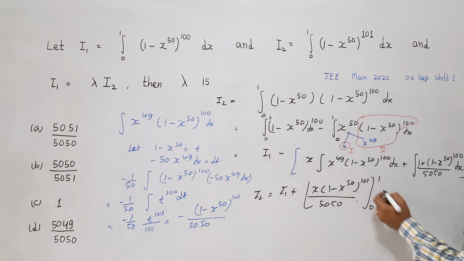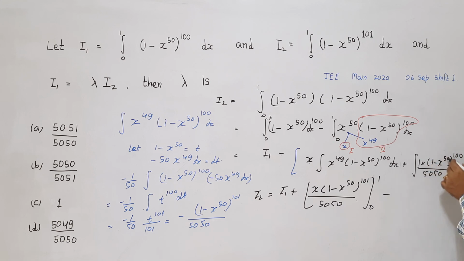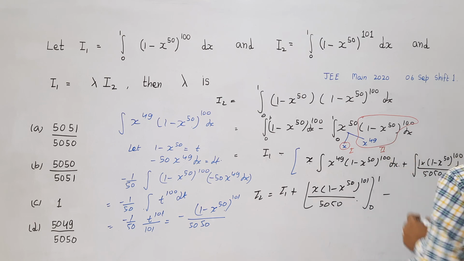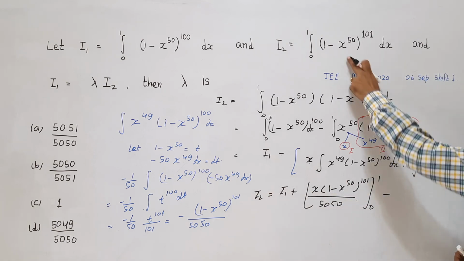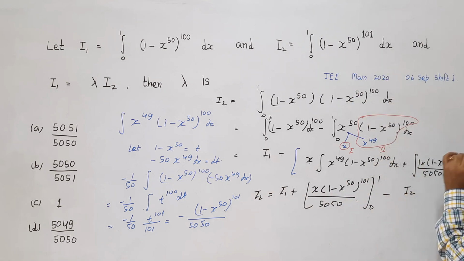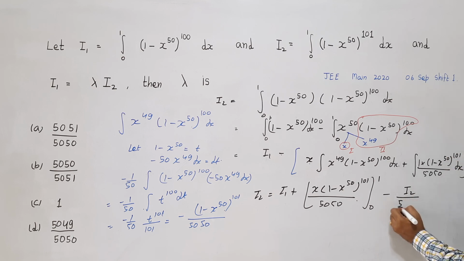And what is this integral? (1 minus x to the power 50) to the power 100 upon 50 is nothing but, here it should be 101, I should have written 101 because this integral has 101. So this value is nothing but I2, so this will be I2 divided by 50.